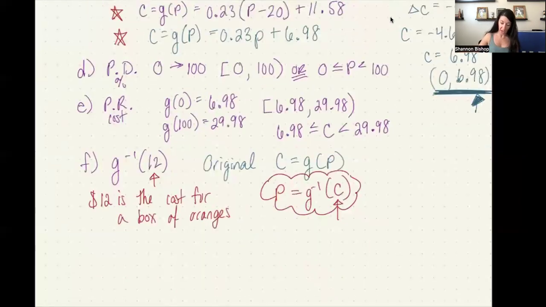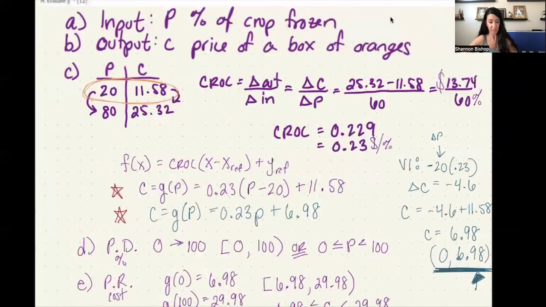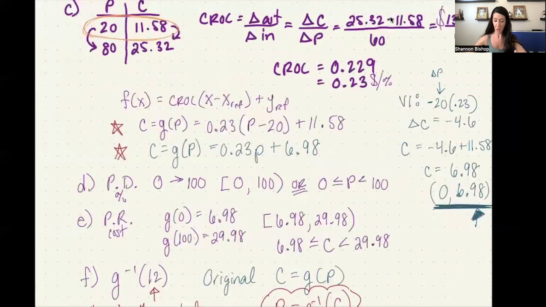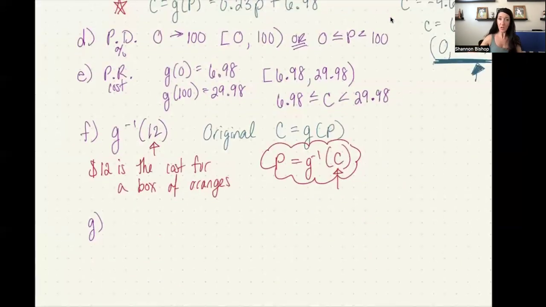Now for part G, you are officially invited to find the inverse, determine the inverse formula. So notice in the inverse formula's notation, P is now on the outside. We have inverse notation on the function name G, and C is now inside the parentheses because C will be the input to our inverse. So whenever you're finding an inverse, you always just start with the original formula.